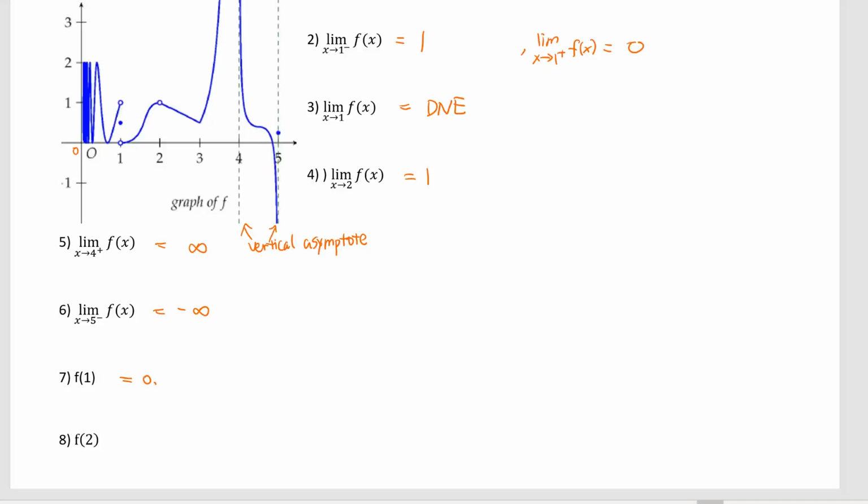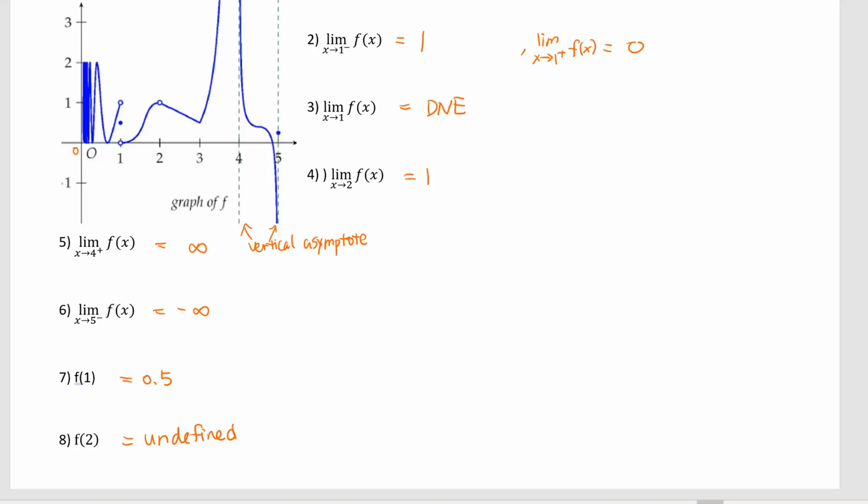So this is 0.5. How about f of 2? Well, do you see any points at 2? No. So this is undefined. Okay, very, very important. For limits, if you don't have a value for it, you say it does not exist. For a function, if you don't have a value for it, you say undefined.